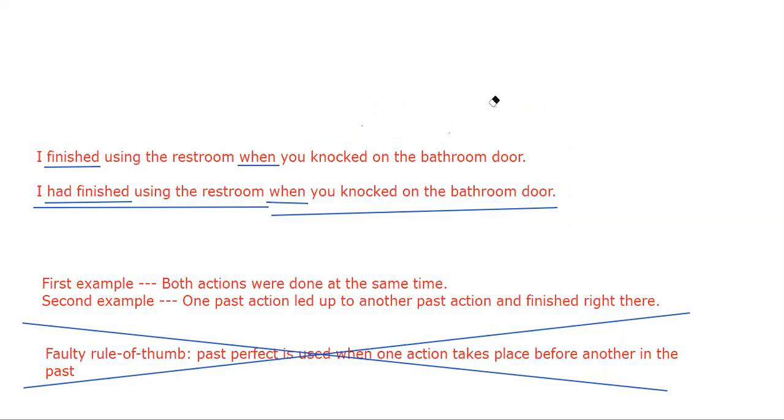It is absolutely not that simple. The real meaning is that what differs between the past simple being used before another action and the past perfect being used before another action is that the past perfect implies that one action led up to another. So it's not a matter of this happened and then this happened. It's a matter of this happened by the time this happened.